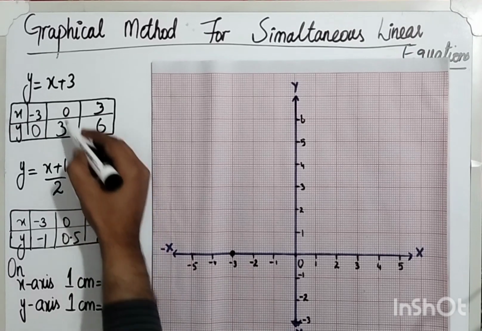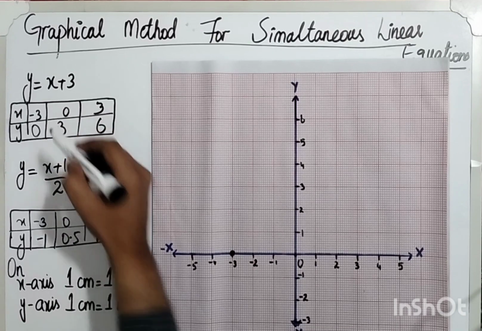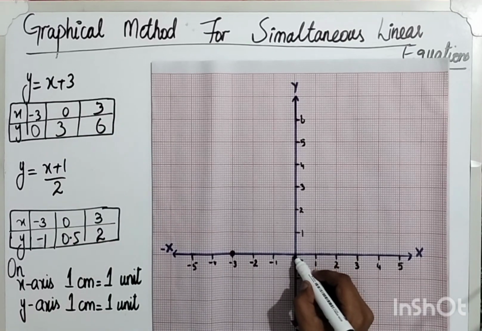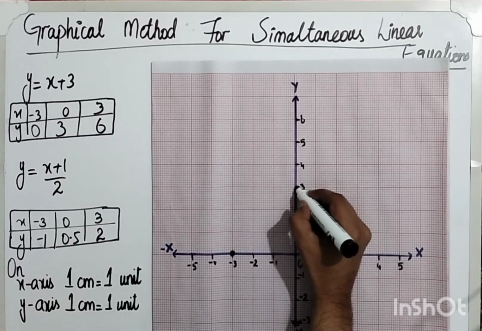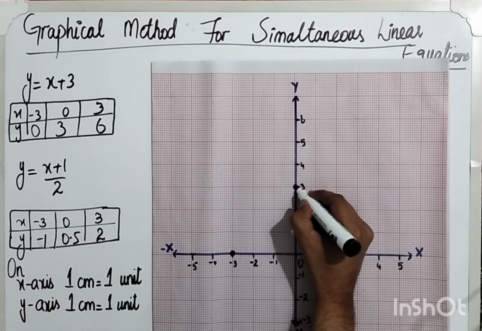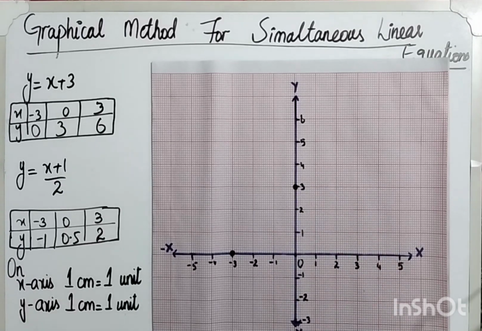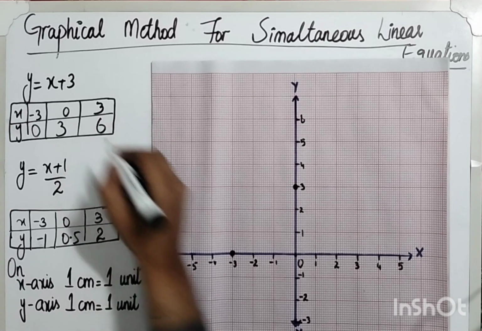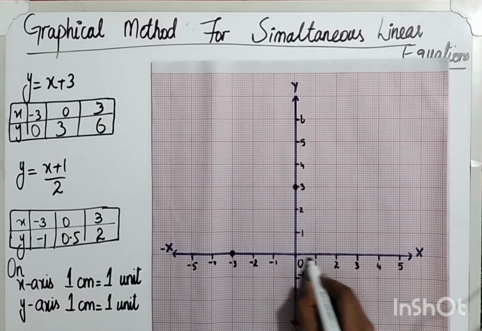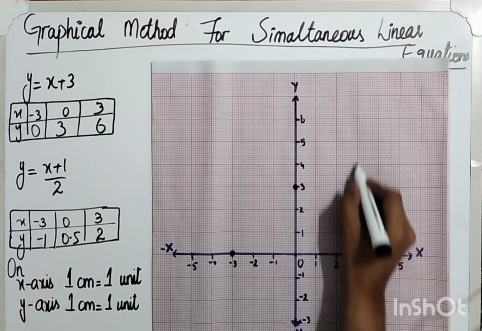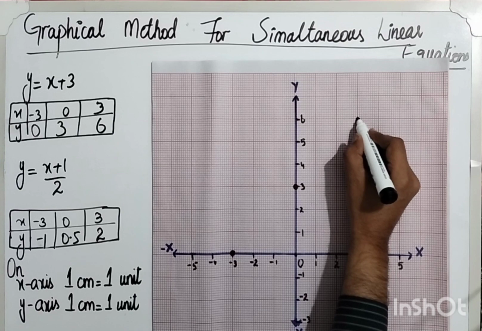Now the second point is 0 and 3, meaning the x coordinate is 0 and the y coordinate is 3. So I'm going to get this point 0 and 3, that would be the y-intercept as well. The last point for this equation is 3 and 6. So 3 on the x-axis and 6 on top of this.